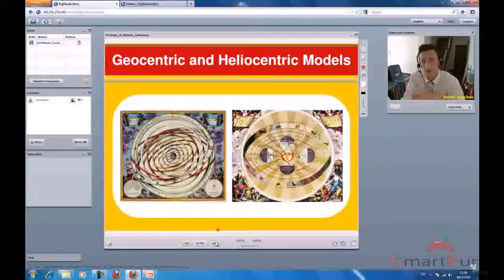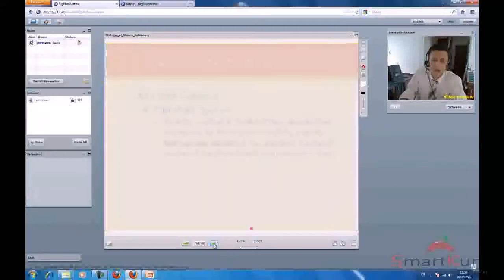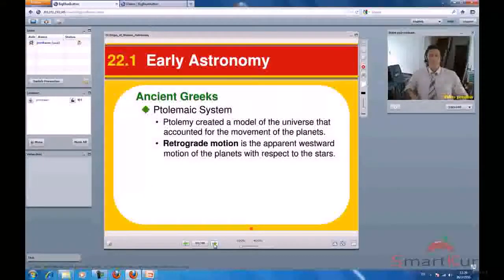So, if geocentric means Earth at the center, heliocentric means the sun at the center. And there's a great picture of that over on the right. We can see the sun at the center with the Earth in 4 different positions, and then that circle on the outside here are the signs of the zodiac.